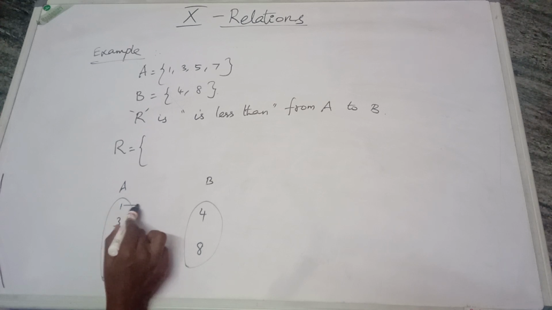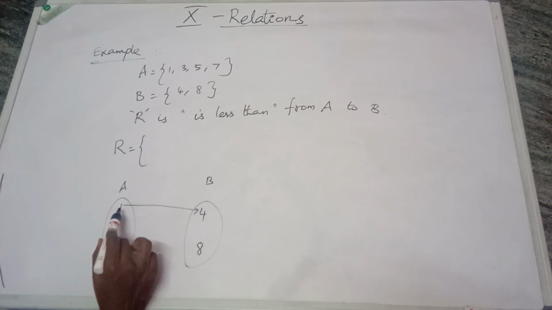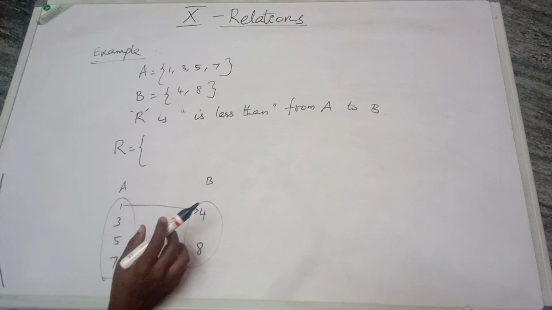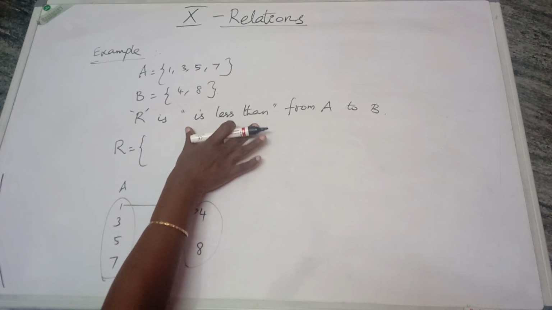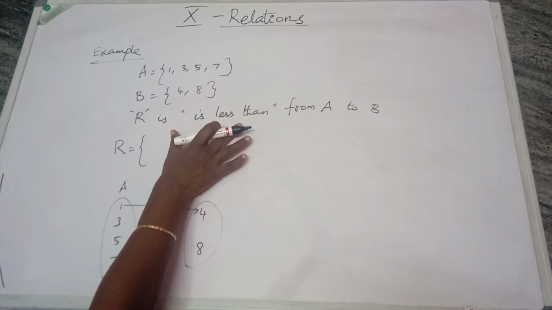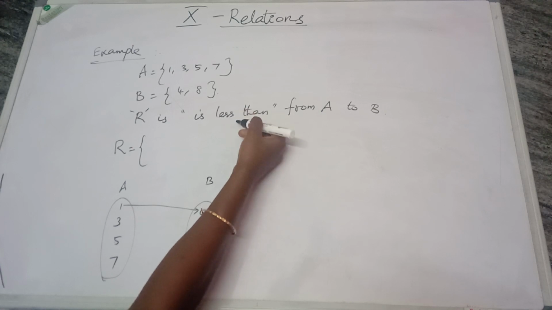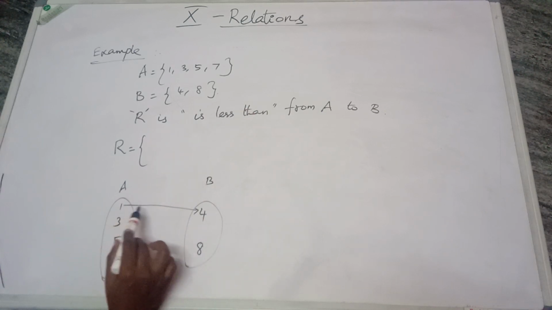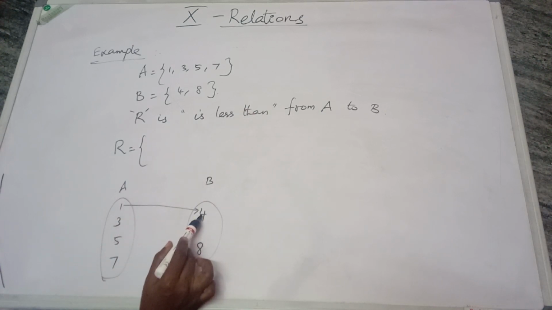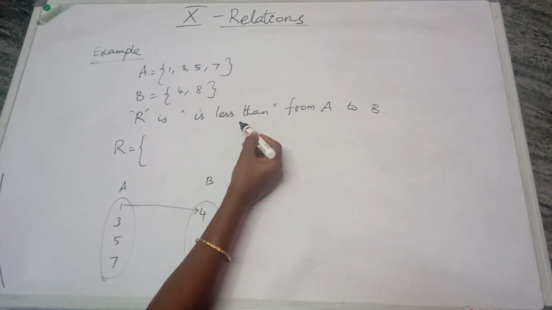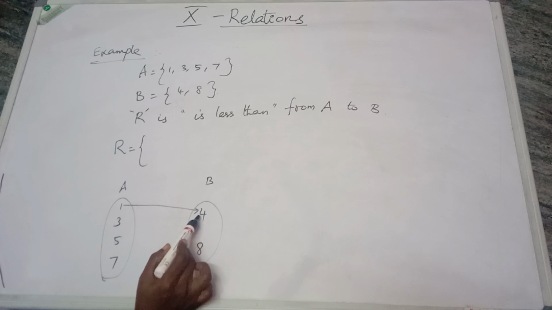So it is related to this one because 1 and 4 satisfy such a condition. This is the relation. So 1 is related to 4 by satisfying this condition. Which condition? Is less than. So 1 is less than 4.